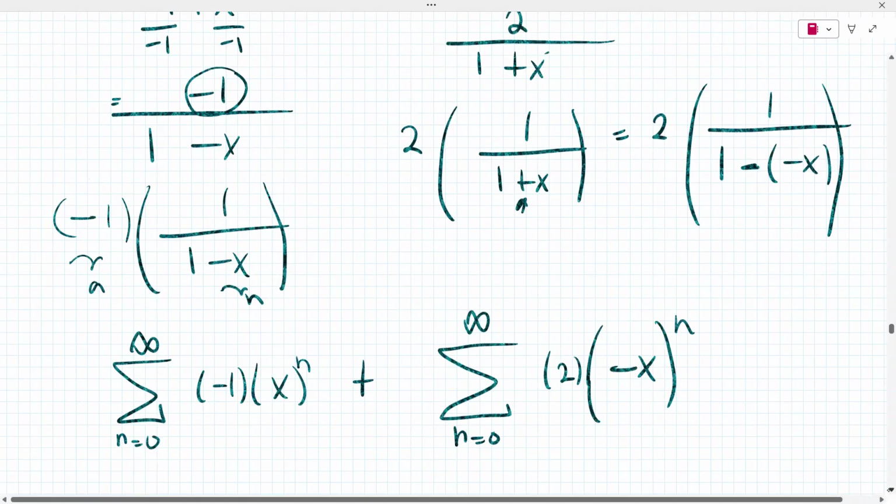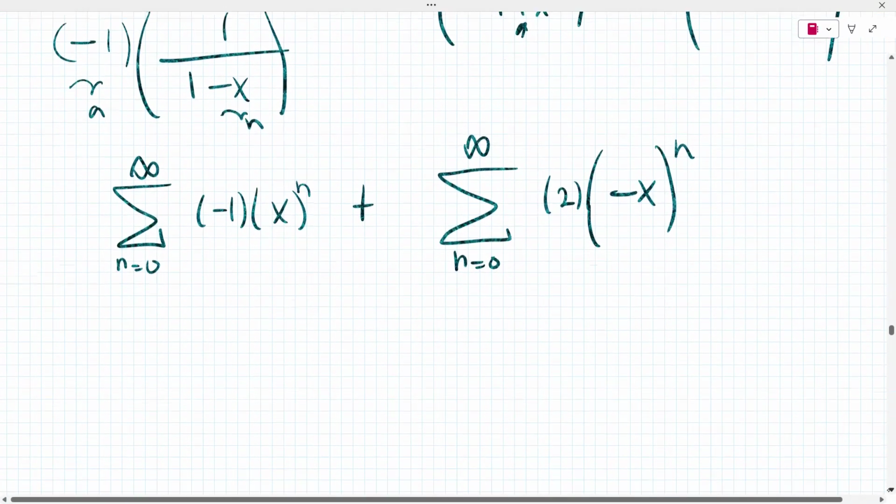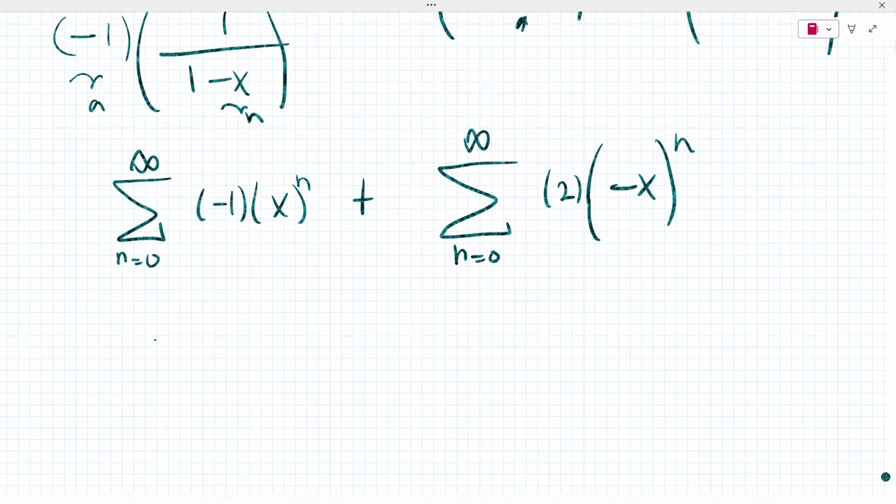And then what you could do is break it down more. So this is the same thing as the summation n equals 0 to infinity of negative 1 times that x to the n.